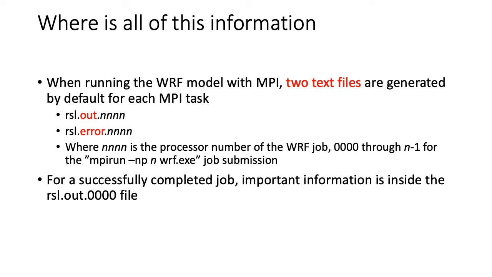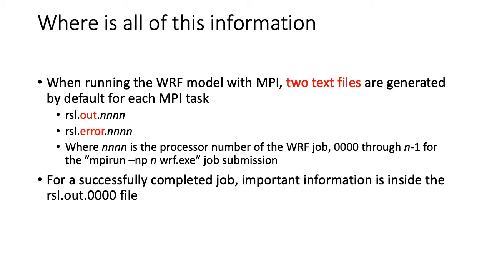When you build the WRF model in distributed memory and you run it with mpirun -np n, what you end up with are a pair of text files for each MPI process: rsl.out.nnn, where NNN goes from 0000 up through n-1, and rsl.error.nnn.